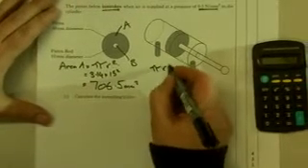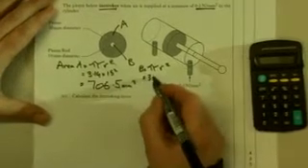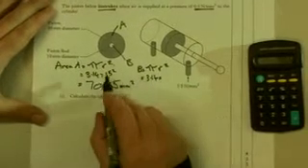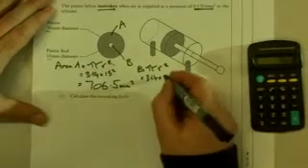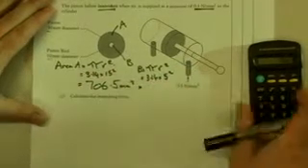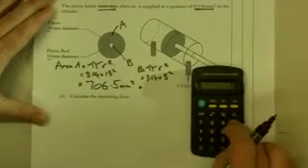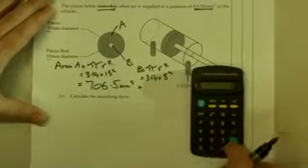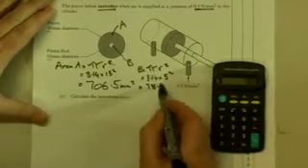Now area B, a lot smaller, the same formula again, pi r squared, 3.14 times, this time 5 millimeters squared, so 5 times 5 is 25, times 3.14 equals 78.5.